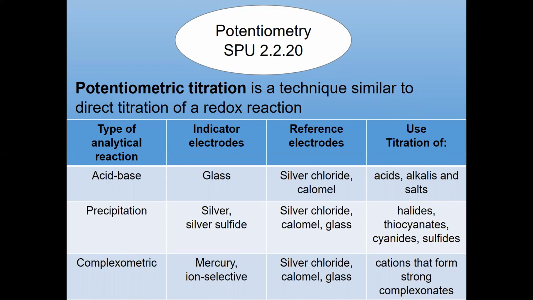You can see types of analytical reactions, indicator electrodes, reference electrodes, and use. For example, in acid-base reactions the indicator electrode is glass, and the reference electrodes are silver chloride and calomel, used for titration of acids, alkalis, and salts.